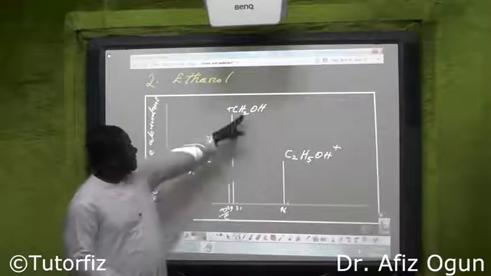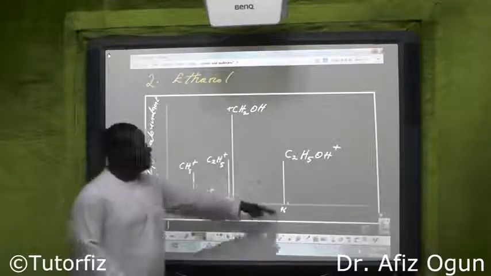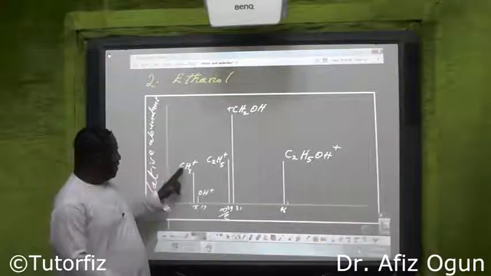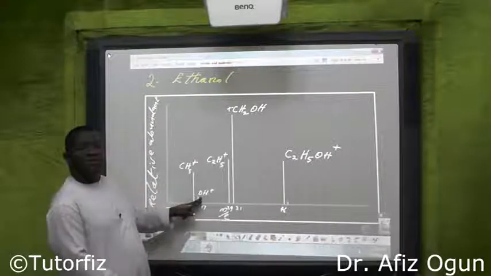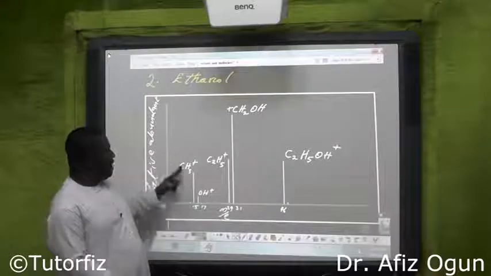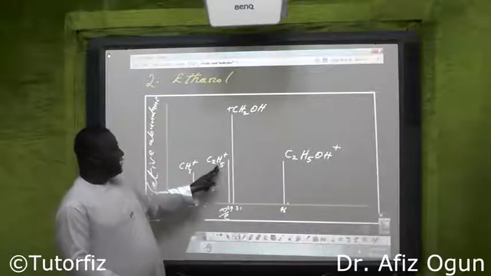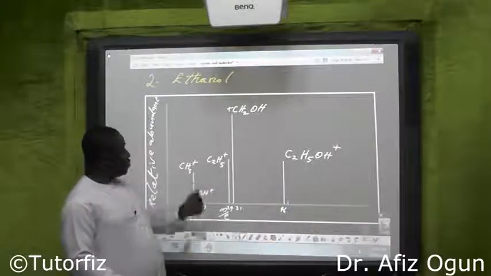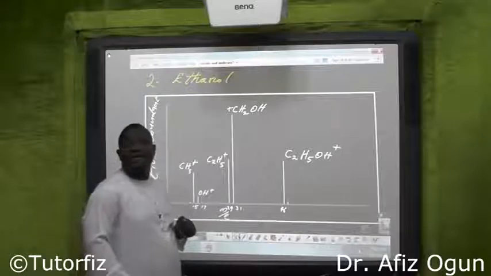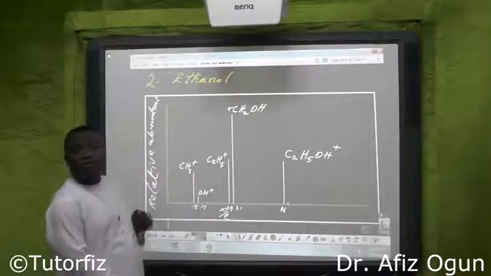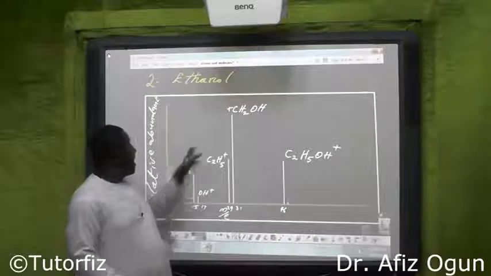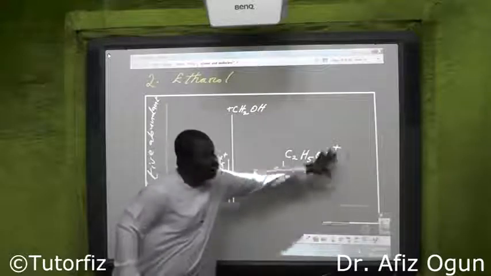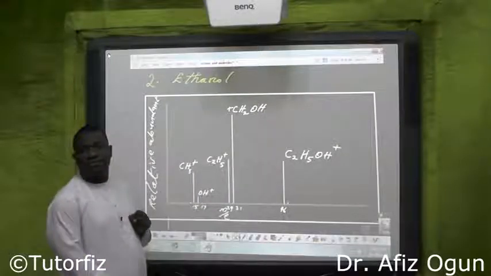If it's this and this, that's ethanol. This and this does not give you 46. This and this, there is no OH there. This and this also gives you 46. You see what we are talking about? So it is this and this to give you 46, or this and this to give you 46. Then you know what to write here. Then you know it is ethanol.